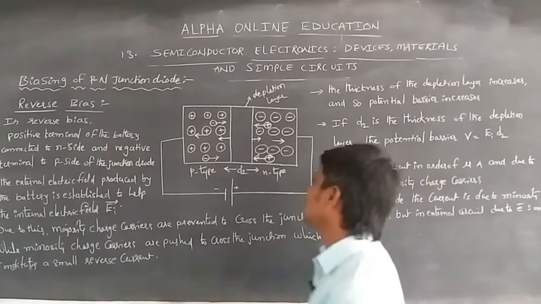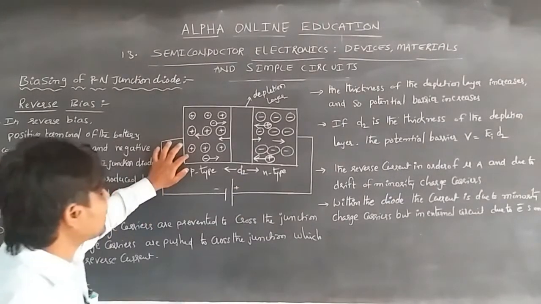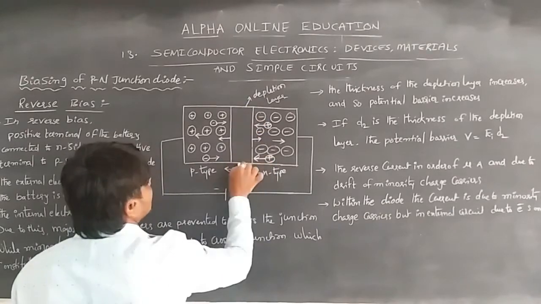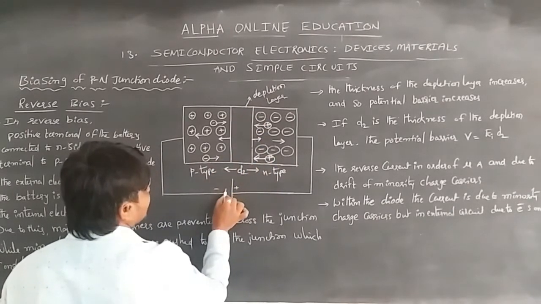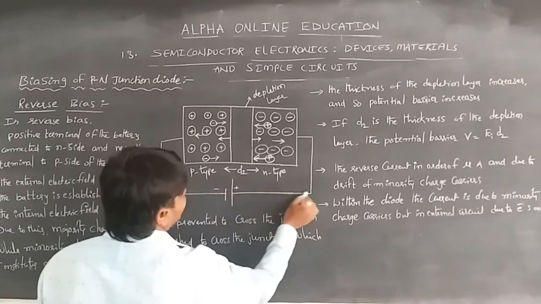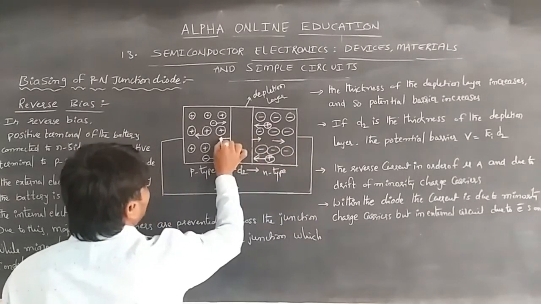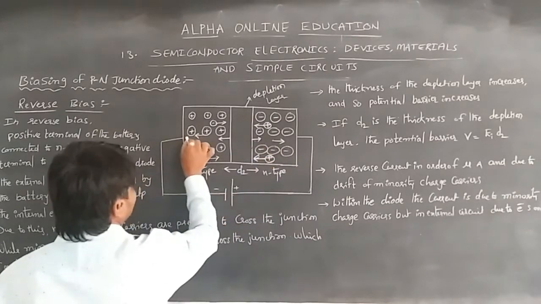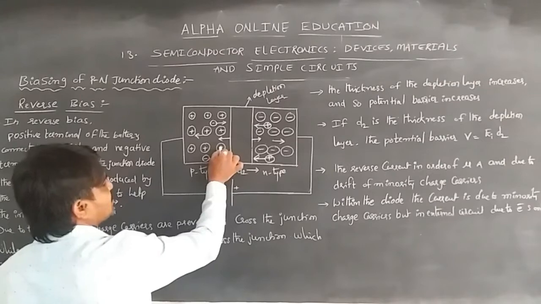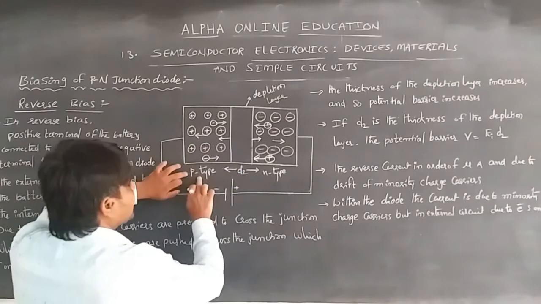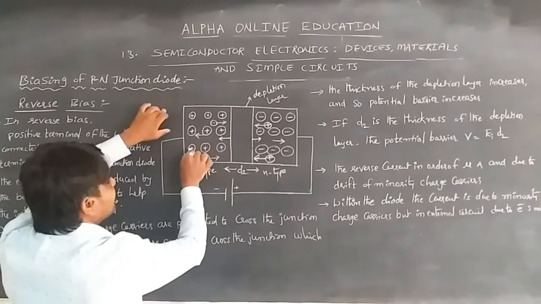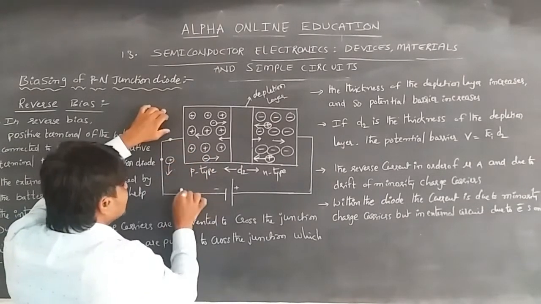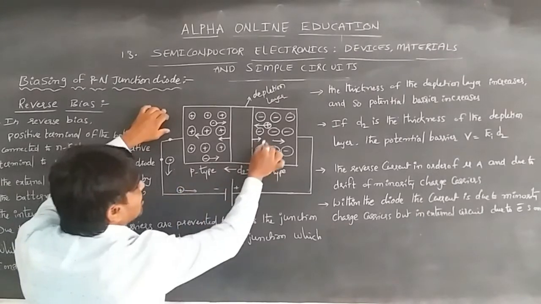Due to this, the majority charge carriers are prevented from crossing the junction; they are unable to cross it. The majority charge carriers in the P type are positive charge carriers, so they move towards the negative terminal of the battery.